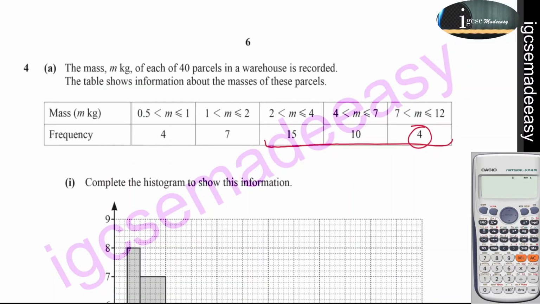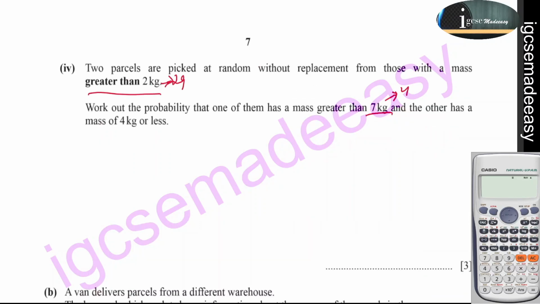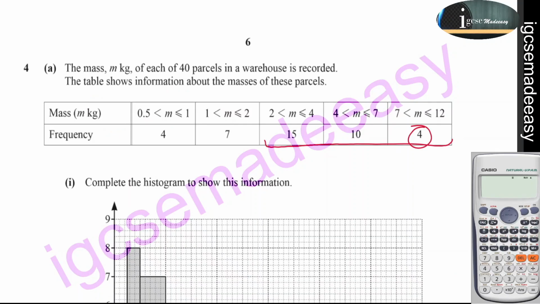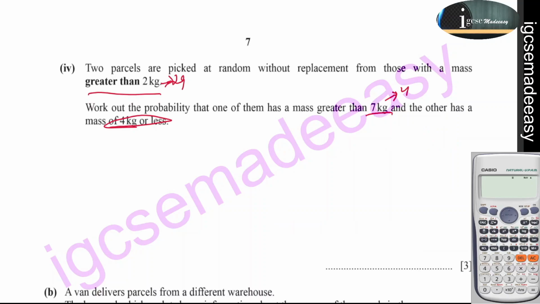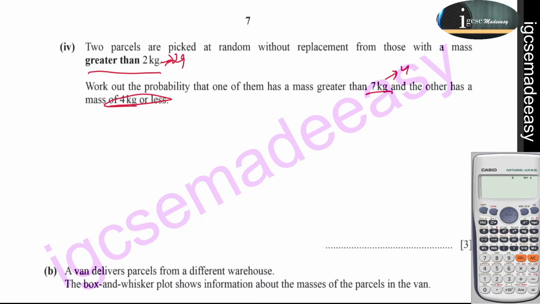And the other has mass of 4 kg or less, so we'll take 15. So we have to find the probability. Without replacement, one will be missing from the total count. So the first probability is 4 out of 29.